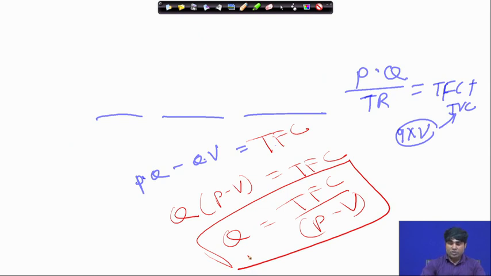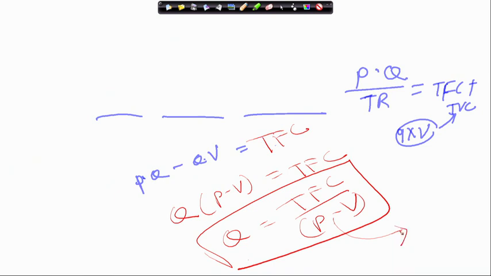This is called the break-even quantity, and by default one of the standard business understandings is that P should, in any context, be greater than V. That is, for a particular unit, your price should be greater than the variable cost.